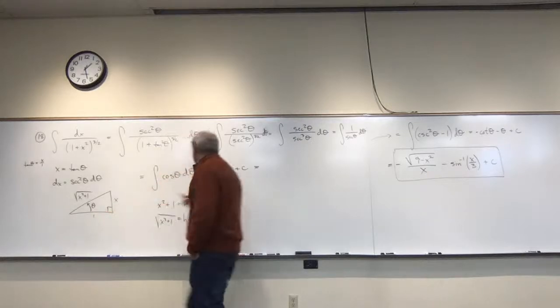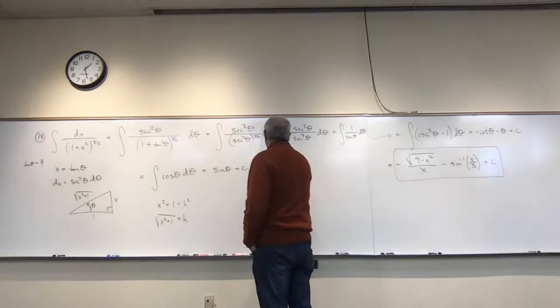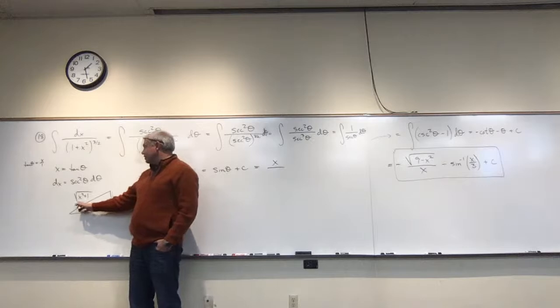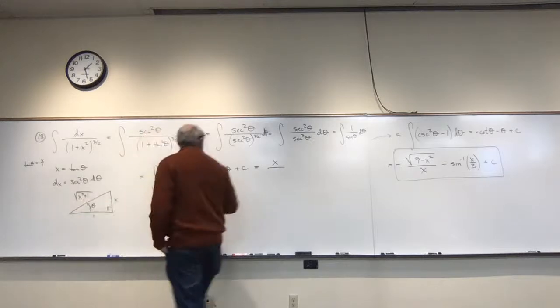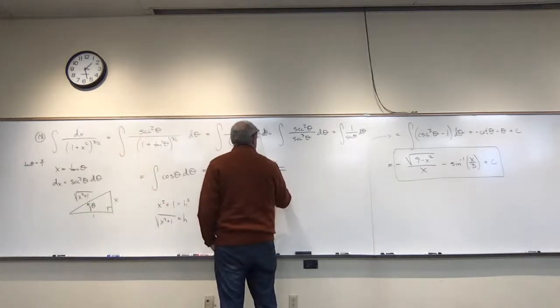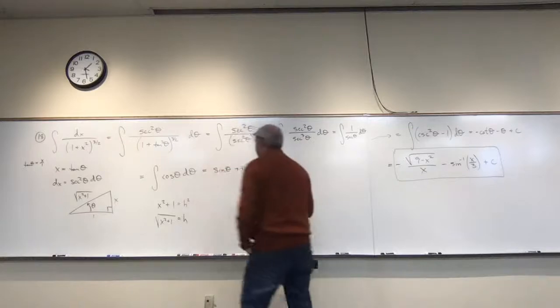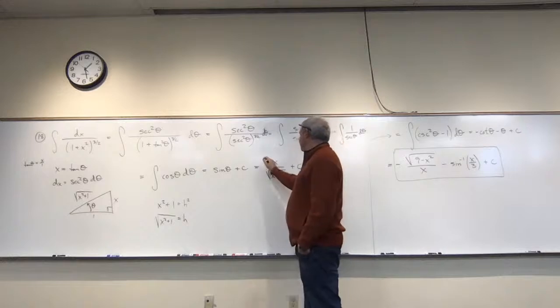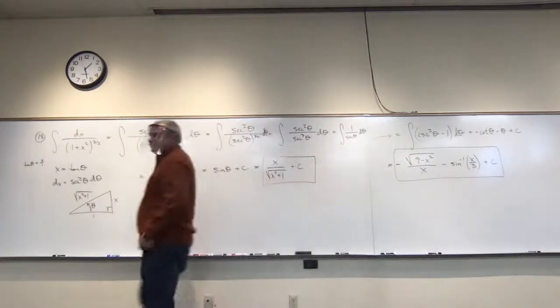X, correct? So it's x over the hypotenuse, and the hypotenuse of this triangle is the square root of x squared plus 1. So it's x over the square root of x squared plus 1, plus c. And that's it.